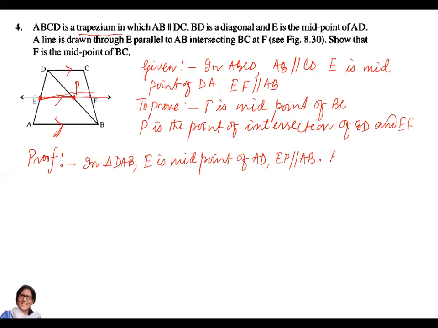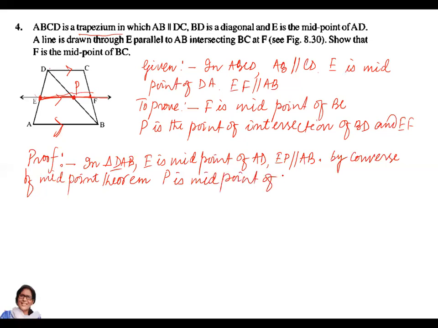So by the converse of the midpoint theorem, P is midpoint of BD. Because it says if we start from a midpoint and draw a parallel, certainly it will touch the midpoint of the third side.